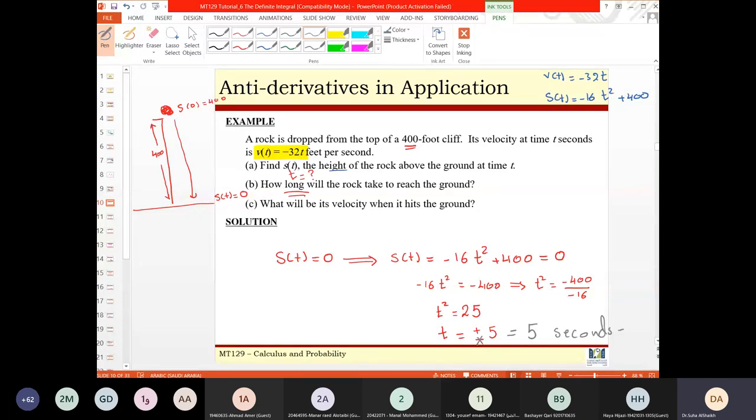Now I have to make sense of the things. It doesn't work to have minus 5, so I rejected it and I take just the plus 5 here. So after 5 seconds, it will reach the ground.